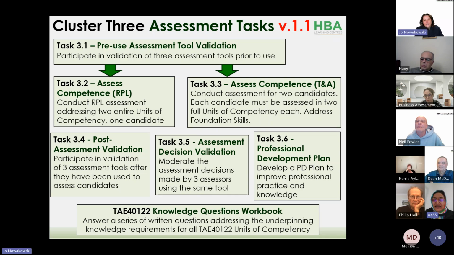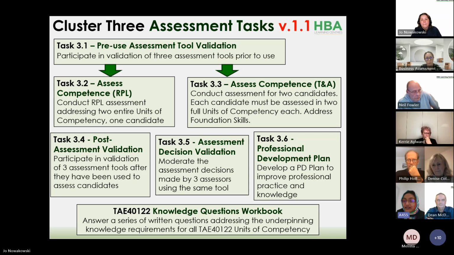Okay. And what else? The question I have for 3.3, it's not post validation, it's not RPL, it's TNA assessment, assessing competence. When I was doing the BSB unit, I was double checking the answers, like if my learner will be doing the research on the website, how they can get the answers.